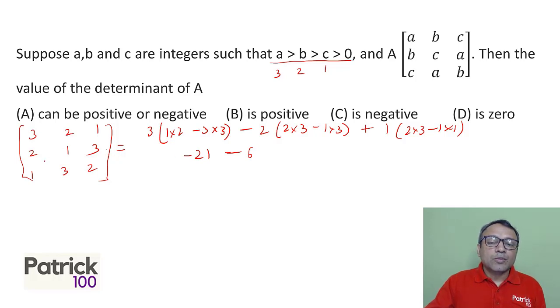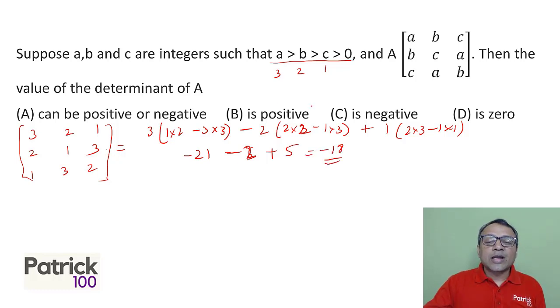If I take 2, it becomes minus 2, my mistake, 2 into 2 out here, 4 minus 3, 1, so 1 into 2 is minus 2. And then last, plus 6 minus 1, 5, you will get 5. Technically you get minus 18, negative.